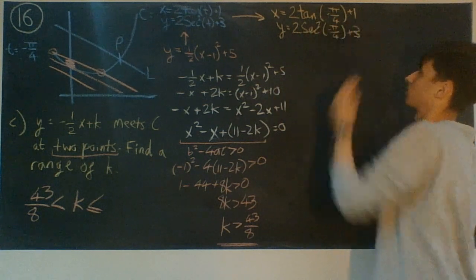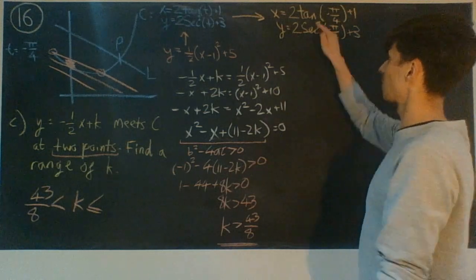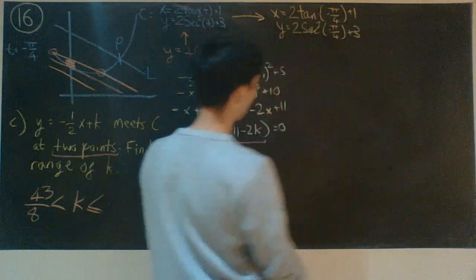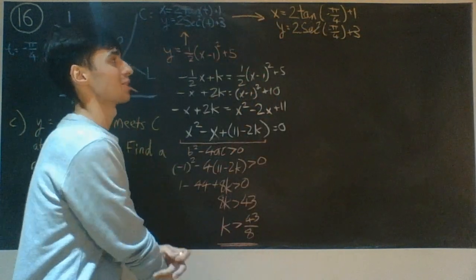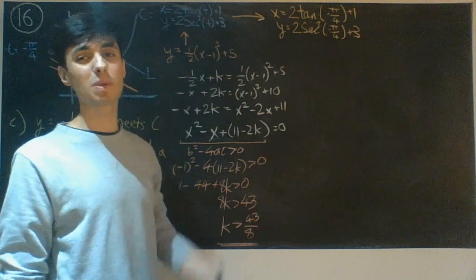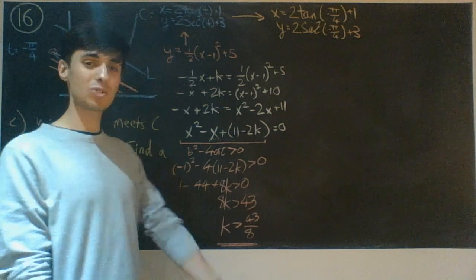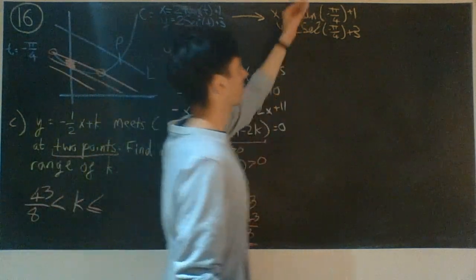Okay, here's the time to do a bit more thinking then. Well, tan of minus pi over 4 is going to be sine of minus pi over 4 over cos of minus pi over 4. It's going to be minus 1. Cos is symmetrical about 0 and sine is an odd function.